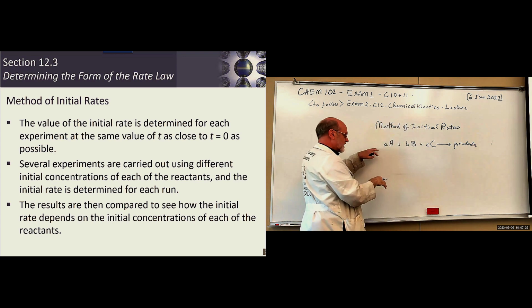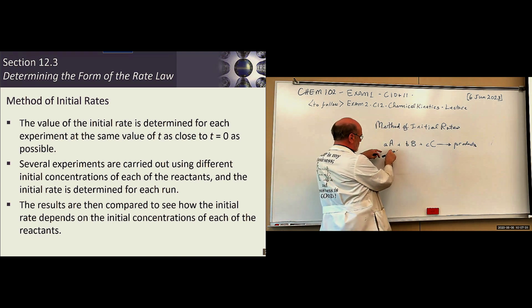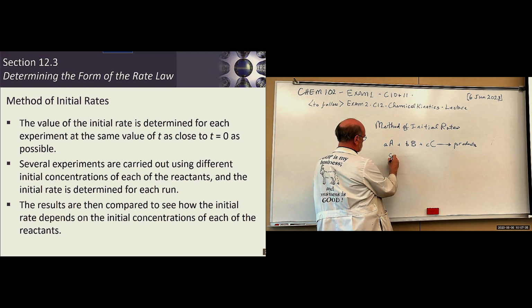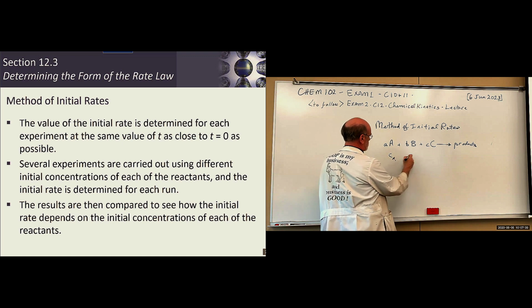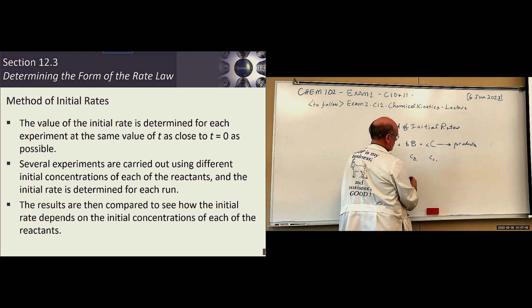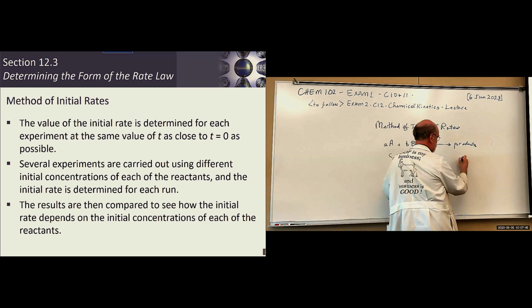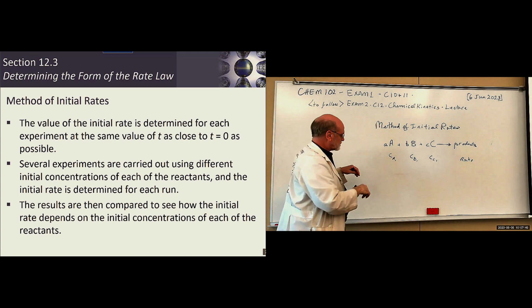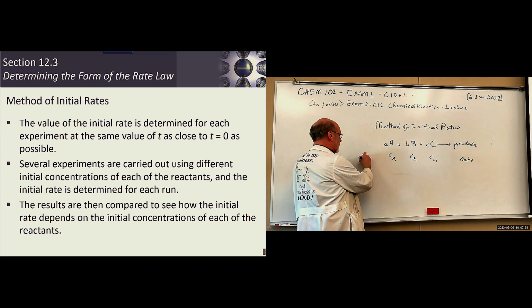So you would have set up an experiment to where you would have a concentration here. Let's say concentration A1, concentration B1, concentration C1. And you would have a rate that you would determine from that. And then you would set up, this is experiment 1.